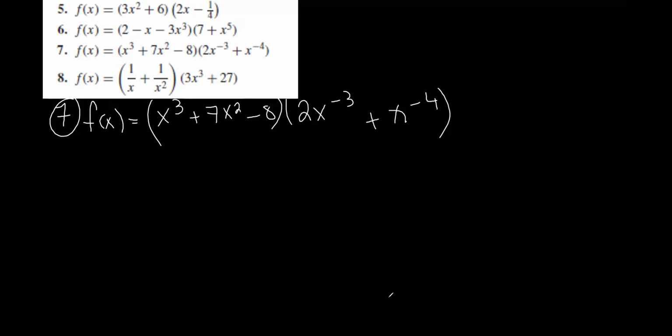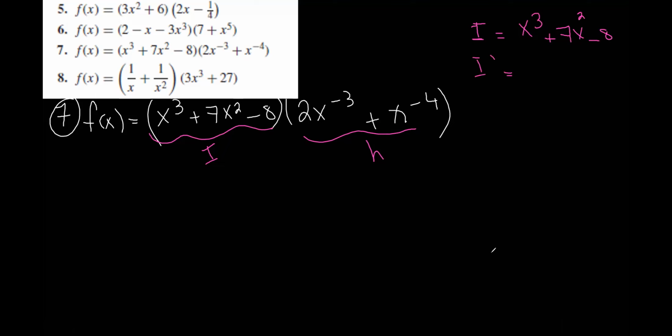So first we will find the prime. First, you have to name this one with I as an example, and h. Now I is x cubed plus 7x squared minus 8. What is I prime now? 3x squared plus 14x.